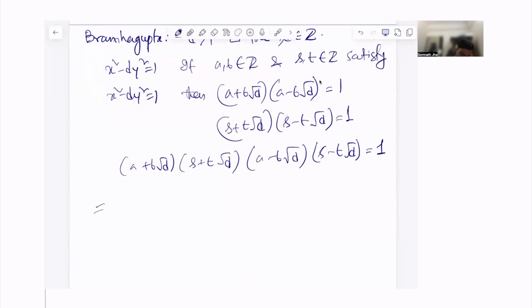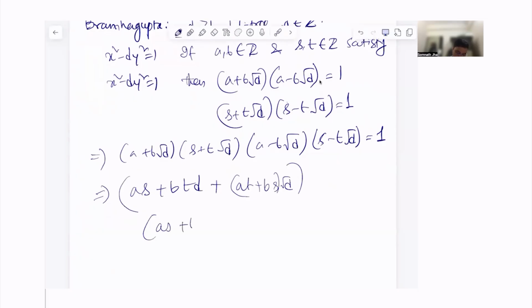This gives you as + btd + (at + bs)√t, and similarly as + btd − (at + bs)√t.